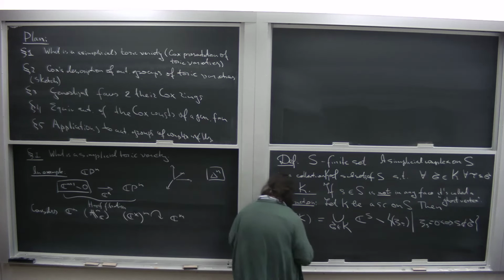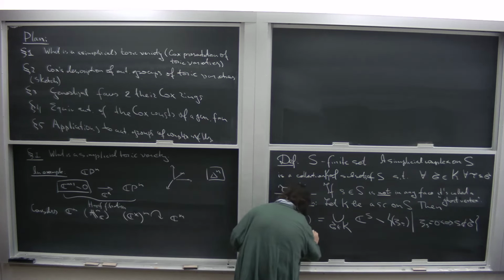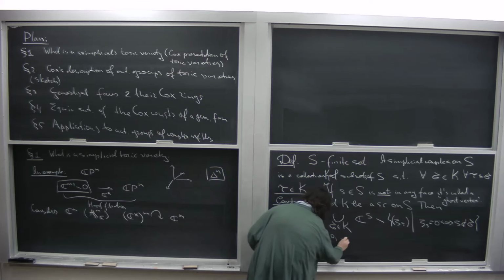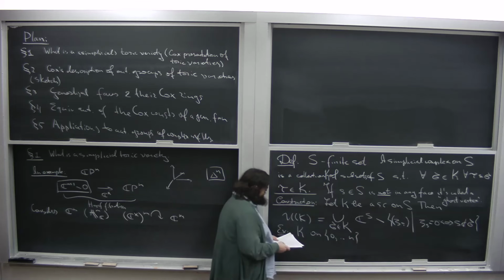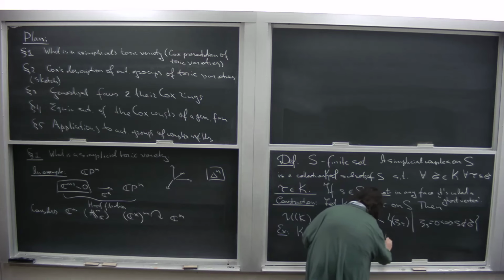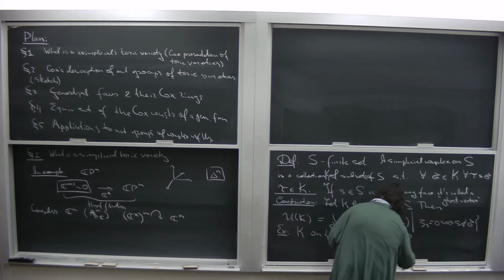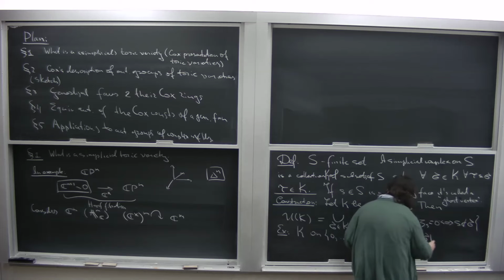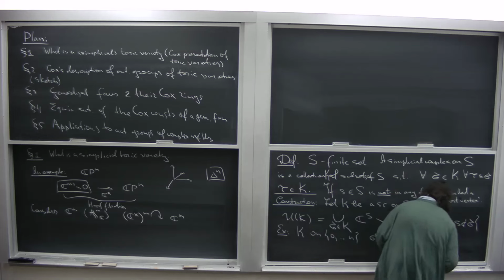An example of this would be K on the set of natural numbers from 0 to n, where sigma belongs to K if and only if the cardinality of sigma is at most n.